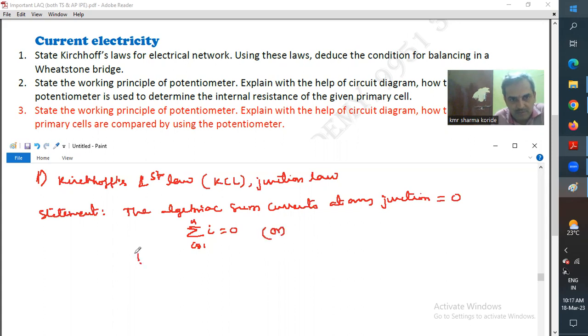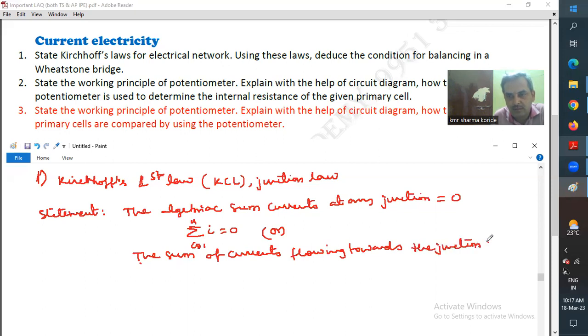The sum of currents flowing towards the junction is equal to the sum of currents flowing away from the junction.